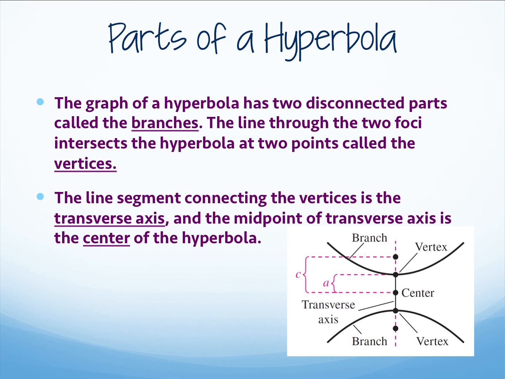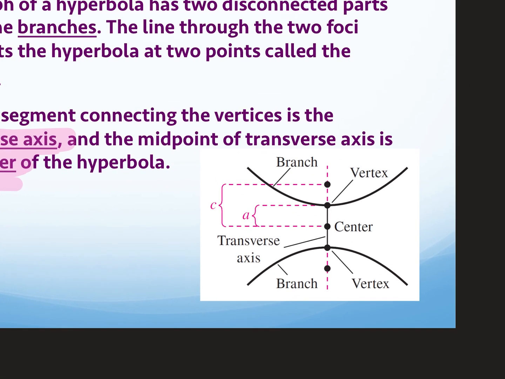So we have a line segment connecting the vertices, which is called the transverse axis. So this is going to be important. And the midpoint of the transverse axis is the center of the hyperbola. So in our picture here, we have two vertices. In between those, right in the middle, is our center.